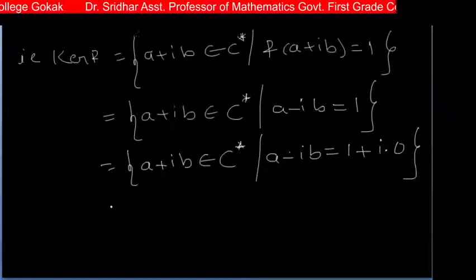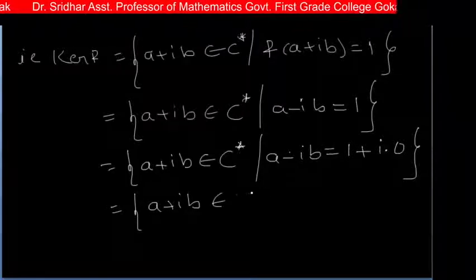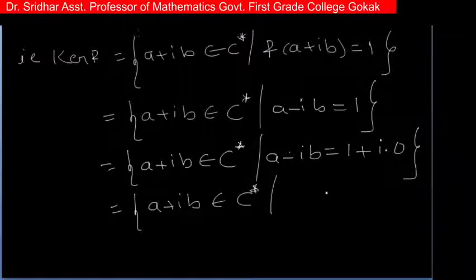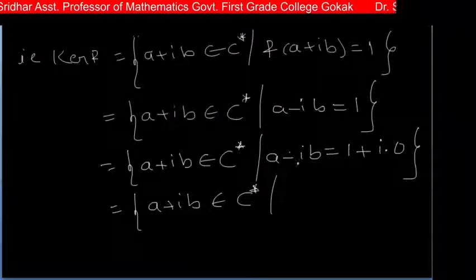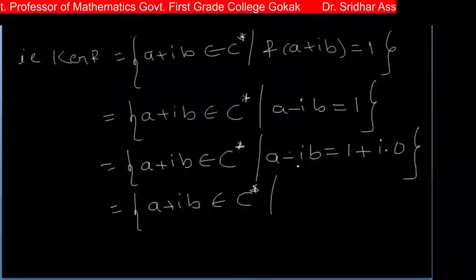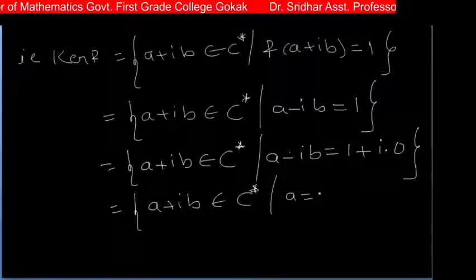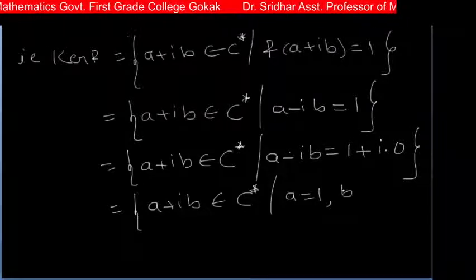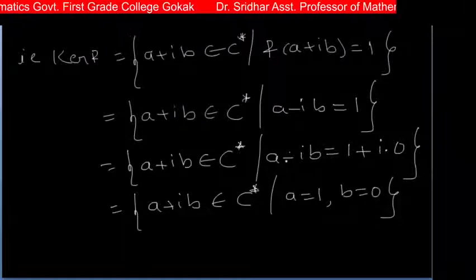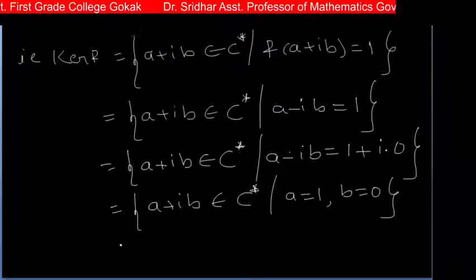So this means a plus ib belongs to C star such that, from this equation, equating real and imaginary parts, what we will get? a is equal to 1 and b is equal to 0, correct?